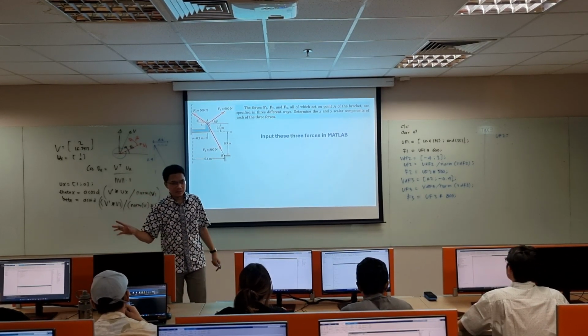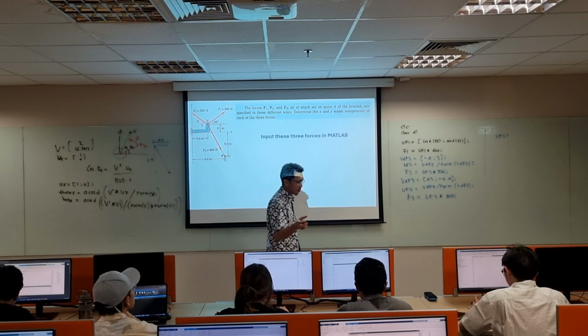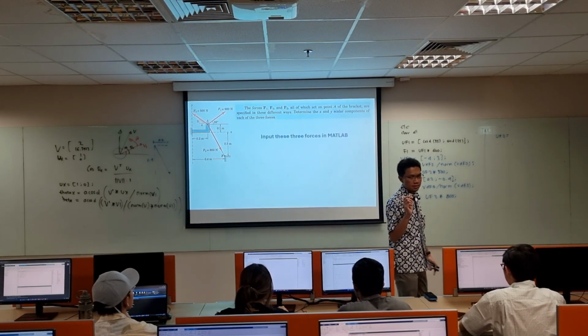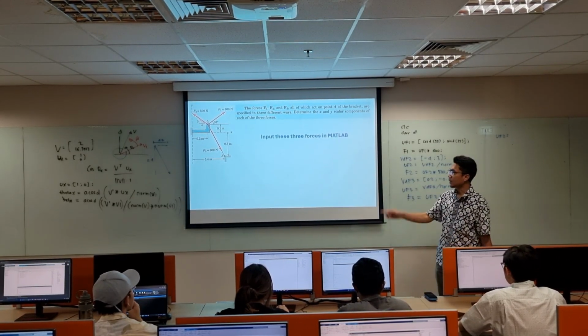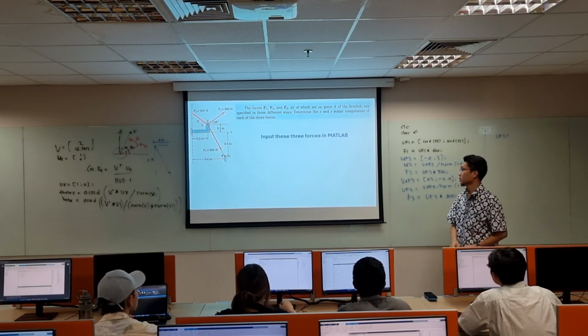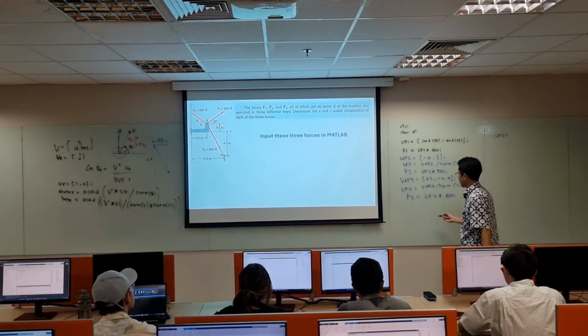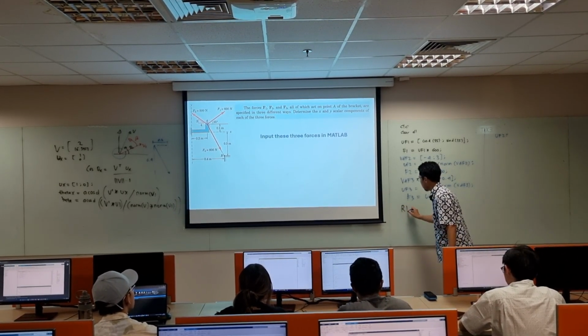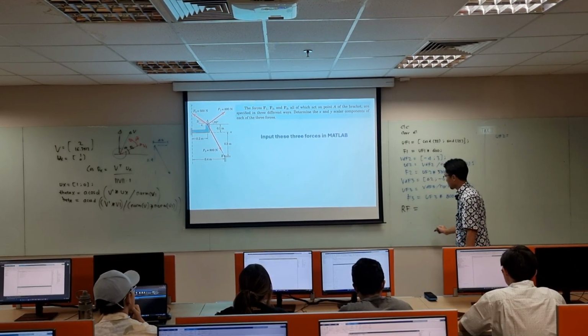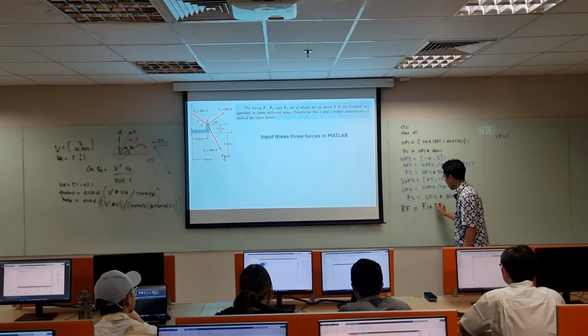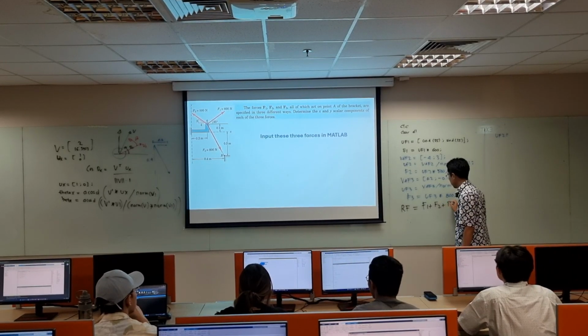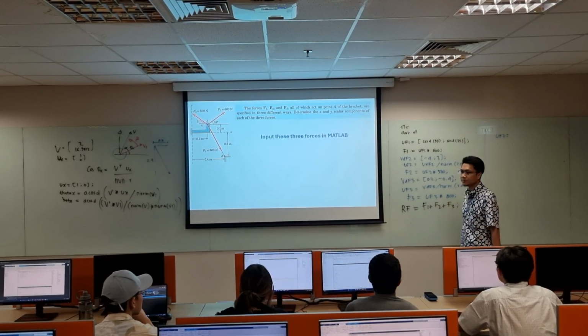You get the resultant of the force by adding up all of the vectors. In this case, the resultant force is F1 plus F2 plus F3.